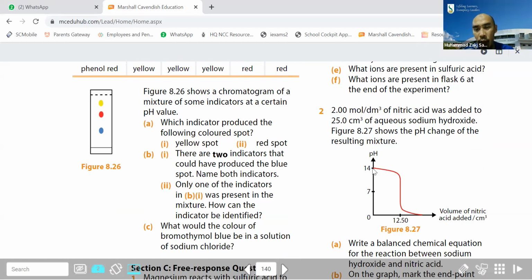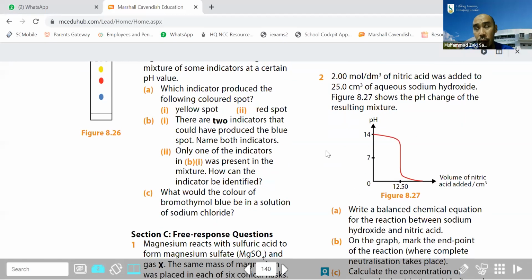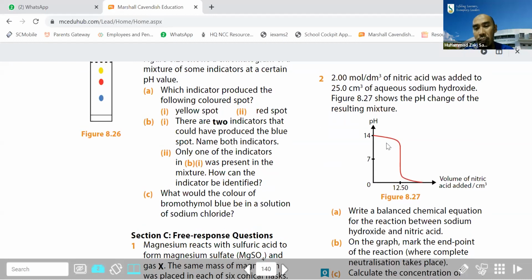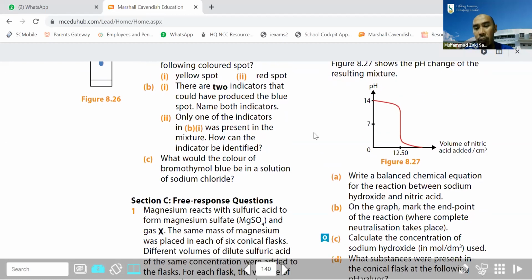So when you add acid, the pH goes down, and then neutralizes, and then it becomes acid, right? Acid is added. So I will show this again tomorrow before we do the WA3. So this we call a pH graph, and they can ask you a question like this.